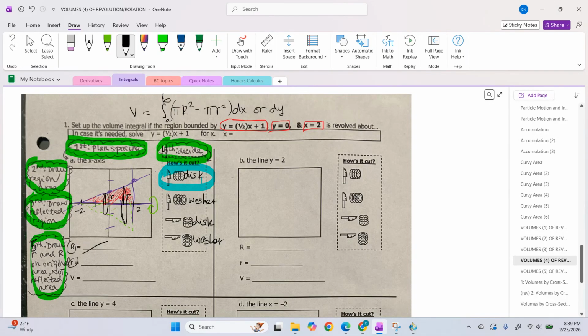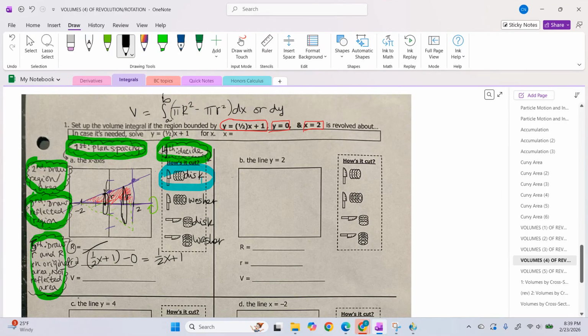And we're going to do the distance between 2 points, a vertical distance between 2 points. I'm going to subtract the y values. So the y value here is the function itself because that's changing: 1/2 x plus 1, minus the y value down here, which is 0. So I have 1/2 x plus 1.